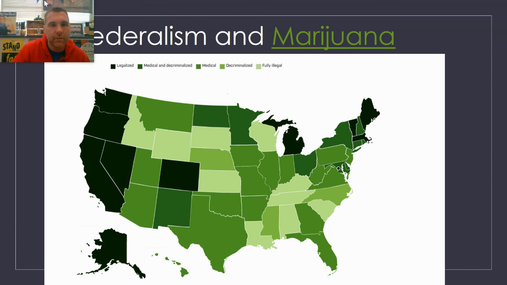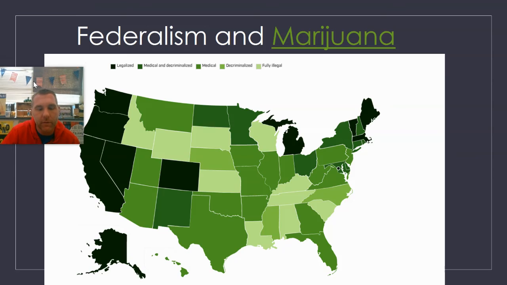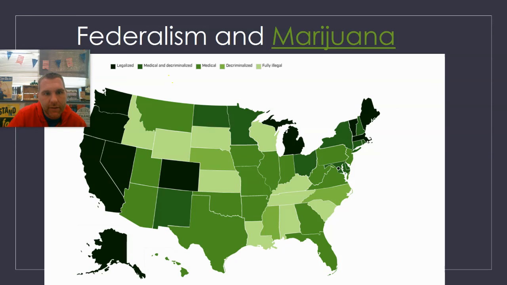So again, here's just kind of showing you the state of marijuana, if you will, and where you have legalized, medical, decriminalized, medical, decriminalized, fully illegal. And you can look at a few of the lighter states where it's fully illegal, if you will, like you can't have it. But there's a whole lot of states that are moving on this issue of legalization of marijuana.